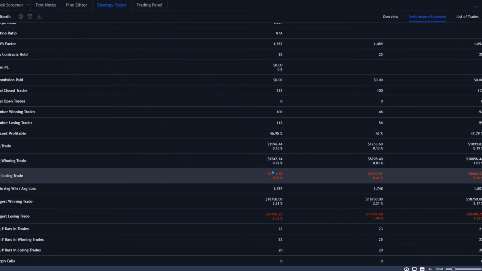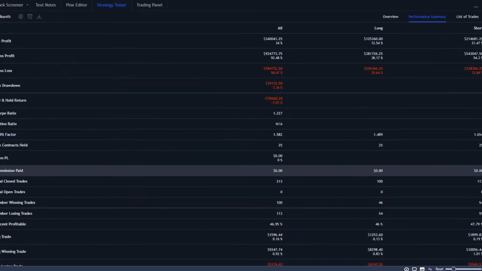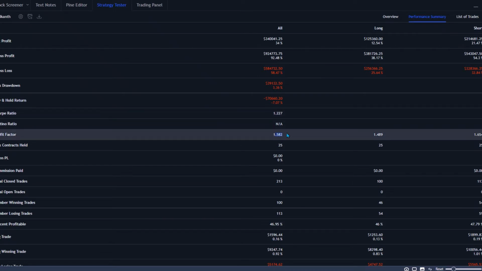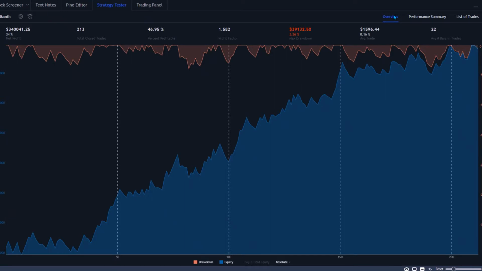You can see the Sharpe ratio is more than 1, everything looks good. Profit factor is 1.5. Coming back to the overview, the maximum drawdown is 39,000. What that means is, let's say we started with a capital of 10 lakh rupees, and this went into a drawdown phase from the top to the bottom, with a streak of losses, and a drawdown of 39,000 was seen.